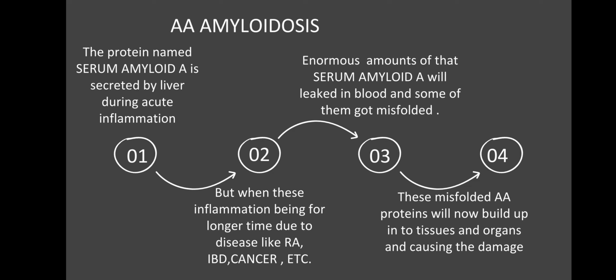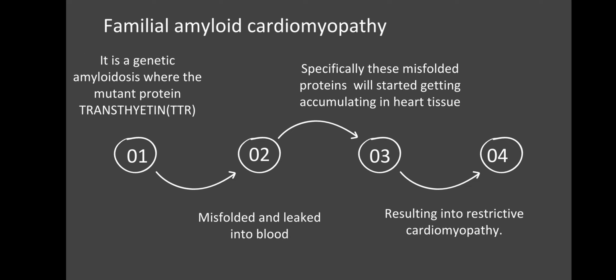They get misfolded. Now these misfolded amyloids will form AA proteins and build up in tissues and organs, which causes damage.